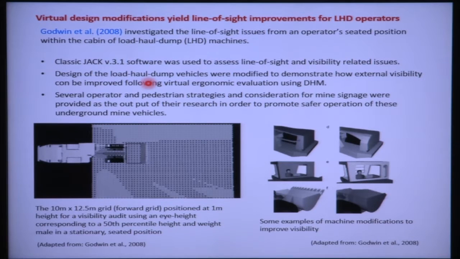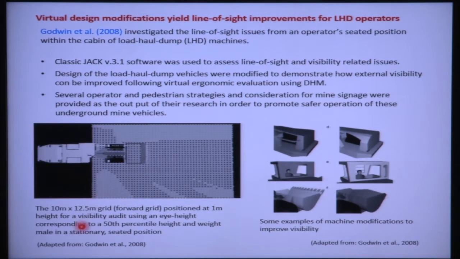The design of the load haul dump vehicle was modified, demonstrating how external visibility can be improved following virtual ergonomic evaluation using DHM. In this particular image they showed the LHD positioned beside a tunnel, and which area is visible and which is not.